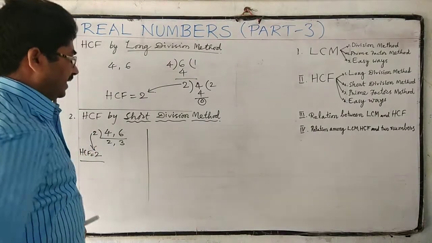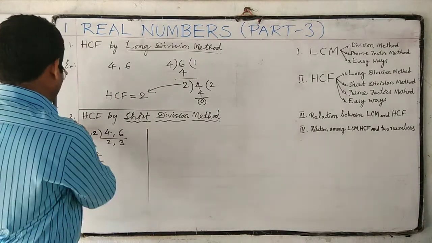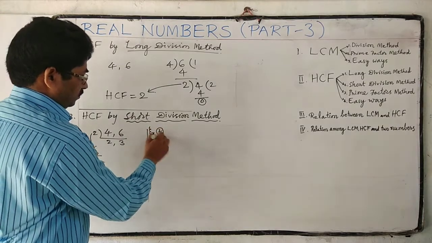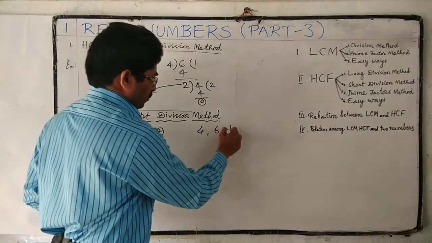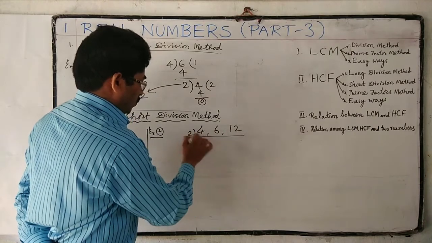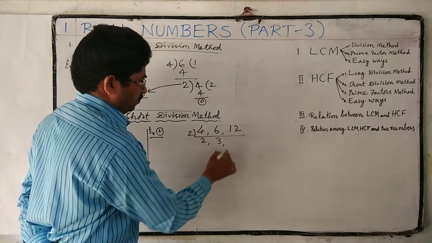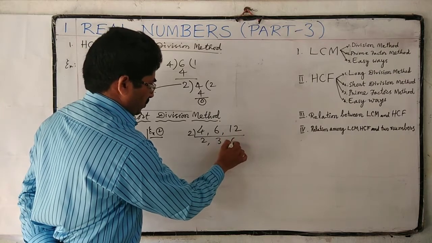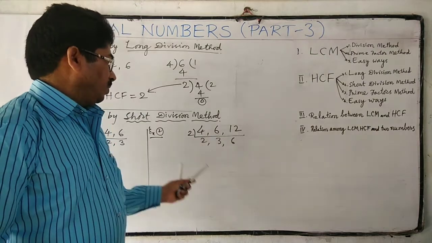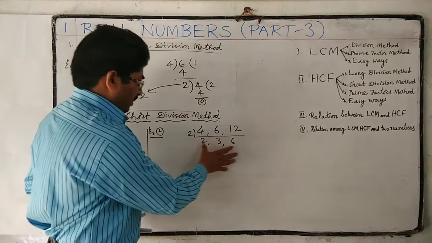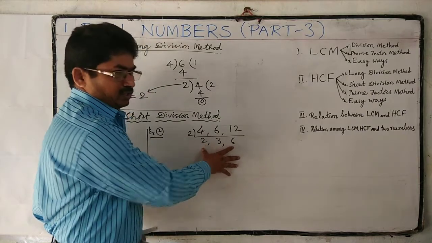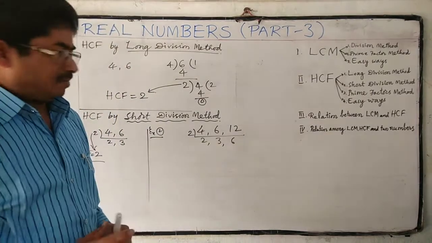One more example. HCF of 4, 6, 12. 2 twos are 4, 2 threes are 6, 2 sixes are 12. For the HCF of 4, 6, 12, these are common only for 12 to be divided. 2 is common for these two numbers, but we don't take it.